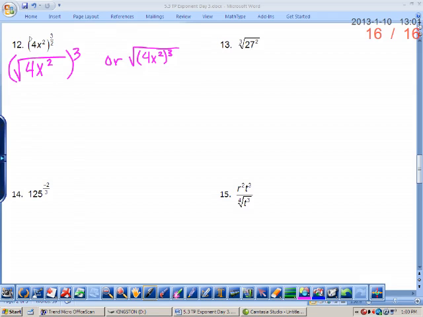I would probably lean towards taking the square root first, because anytime I can take the root first, I'm going to, because it's going to make my number smaller and more manageable. So what is the square root of 4x squared? 2x. This is 2x cubed, so that equals 8x cubed.